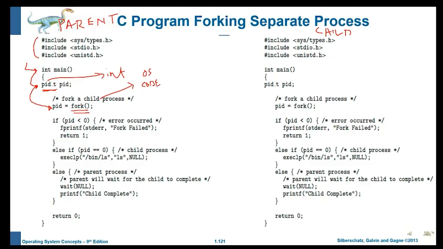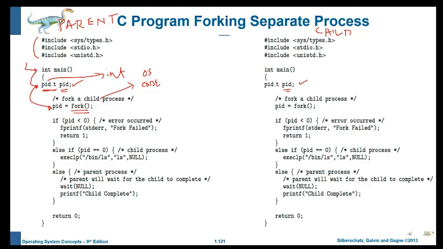So the parent has this code on the left, and the child is also going to have this code on the right. So even the child is going to have a memory location where PID is going to be stored. The parent has its own memory location where PID is going to be stored. But keep in mind that the parent and the child are now two separate processes. They can store different values in PID.